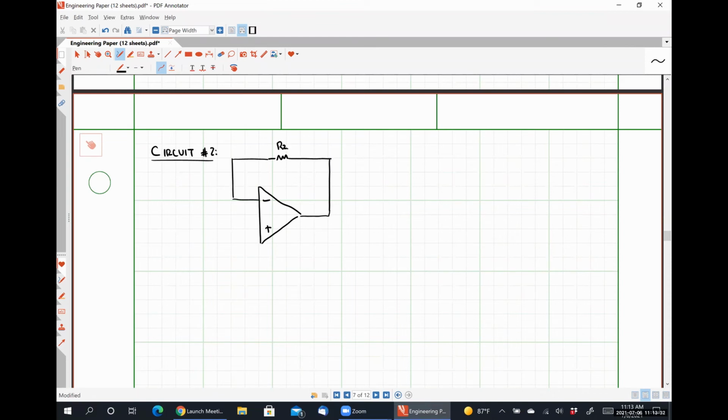Call this guy between the inverting input and the output R2 again. We're going to measure our output directly at the output terminal of the op amp.